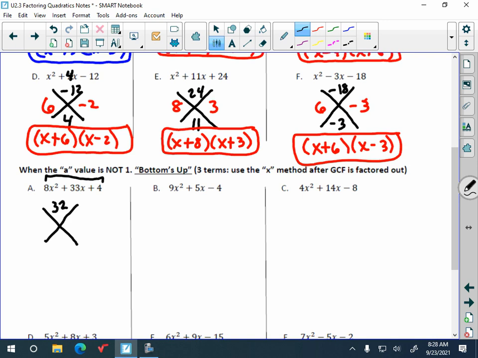And then the middle number again stays 33. And again, we need two numbers that multiply to the top but add to the bottom. So what multiplies to 32 but adds to 33? Yeah, 32 and 1. Don't forget that. A lot of people forget that, the 1. Okay.